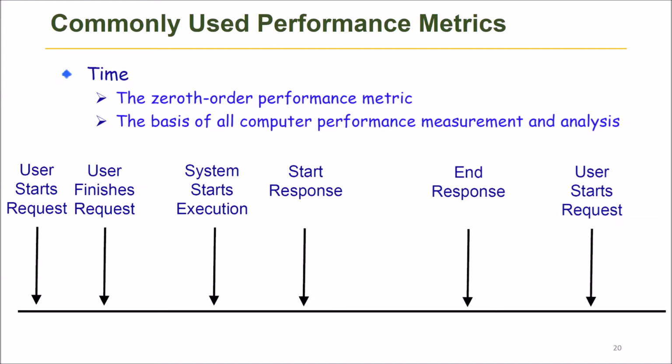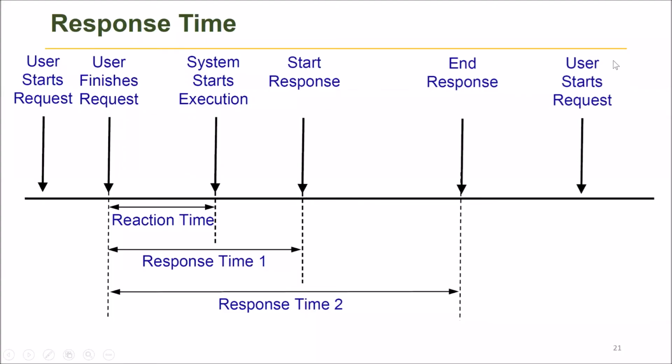Based on this timing, we define some metrics. For example, you can see the definition of reaction time and response time in this slide. We can have 2 definitions for response time: the time between when a request is finished by the user and the system starts the response, or when the system ends the response.